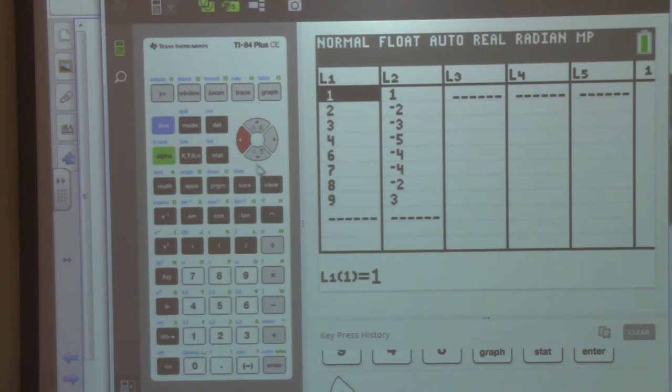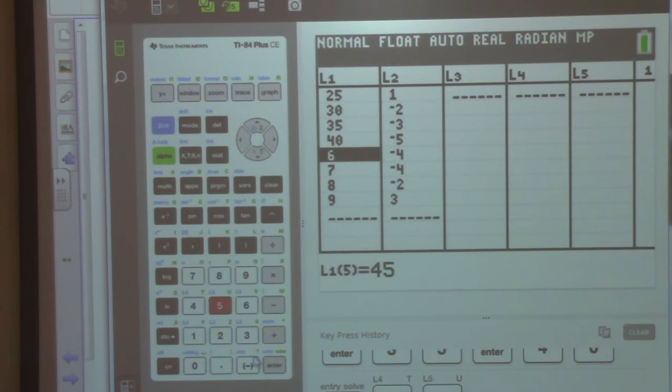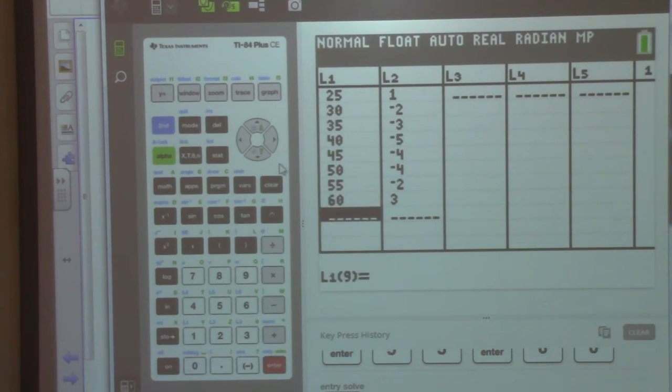Let me see here, was it 25? 25, 30, 35, 40, 45, 50, 35, 40, 45, 50, 55, 60, is that all of them? Yeah.